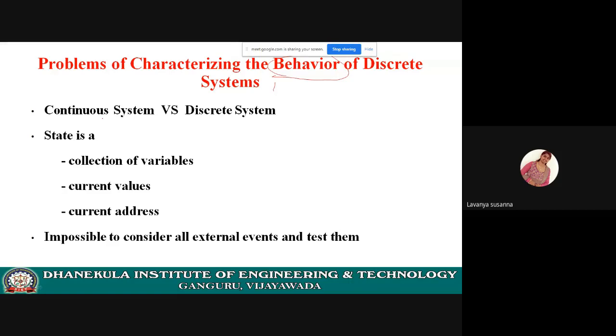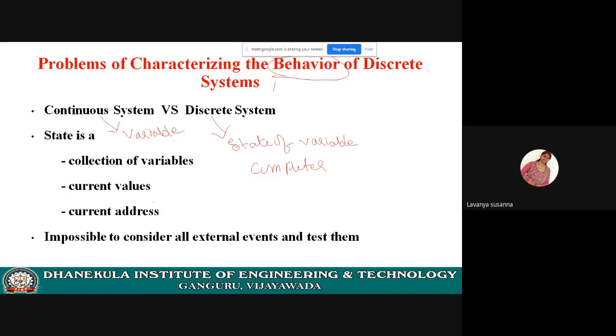First, you need to know what a continuous system is and what a discrete system is. A continuous system means the state of a variable changes continuously. A discrete system means the state of a variable changes at some discrete times. An example of a discrete system is a computer.